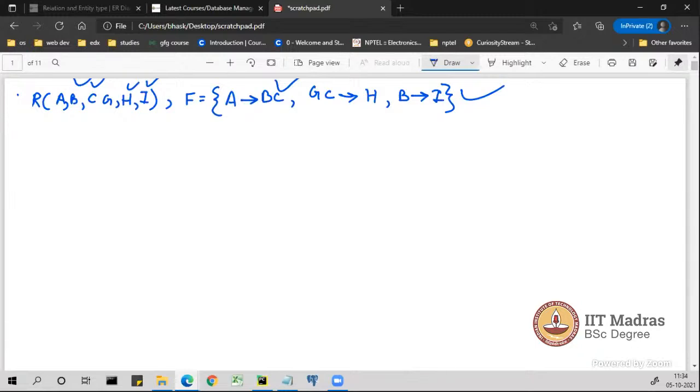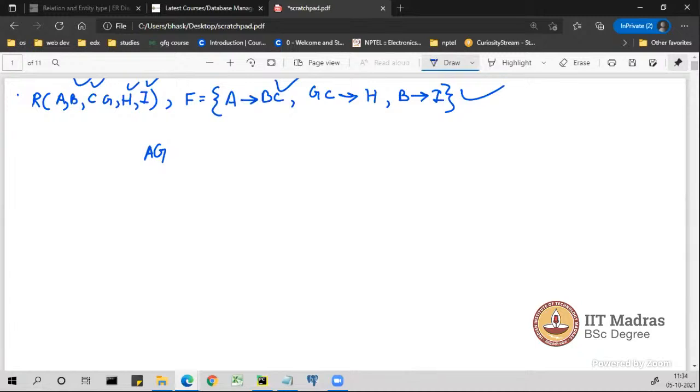So therefore, one thing you are sure, that in order to get all attributes in the closure set, so that we can call it a candidate key, we must have AG, because it is a part of all attributes. And in order to have that, we must have AG on the left hand side, because no functional dependency is determining AG. So what is the minimal possible combination that I can have using both A and G? It is AG itself, right?